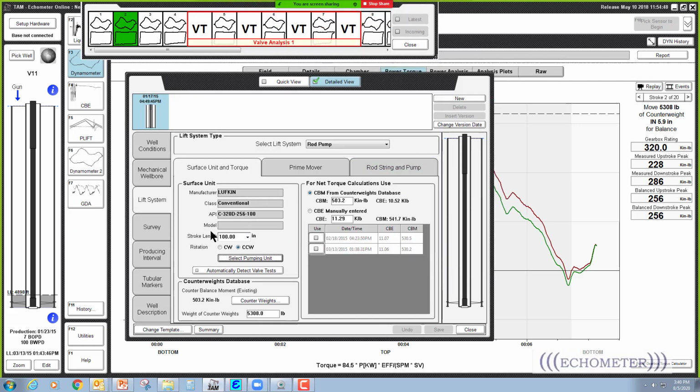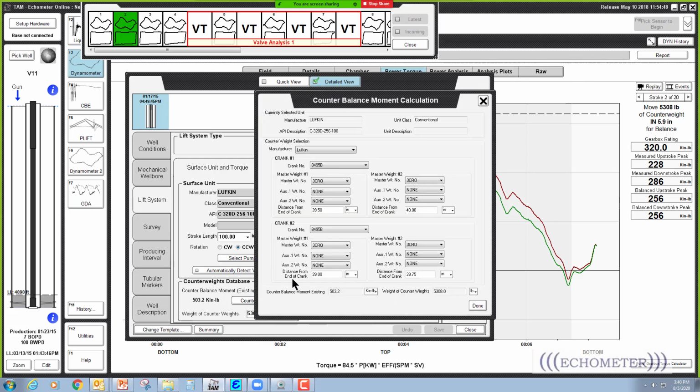What else? Okay, then down here, we've talked about this, is the counterweights. If I click on that button, it brings up the counterweight screen, and it shows us those master weights are positioned based on actual distance from end to crank. And there's no auxiliaries. There's the 3 serial master weights. There's 4 of them. There's master weight 1 and master weight 2 on the crank number 1, 8495B crank, and it's a Lufkin manufacturer.